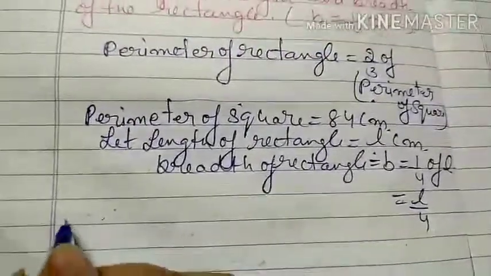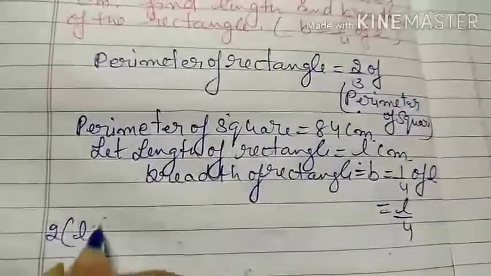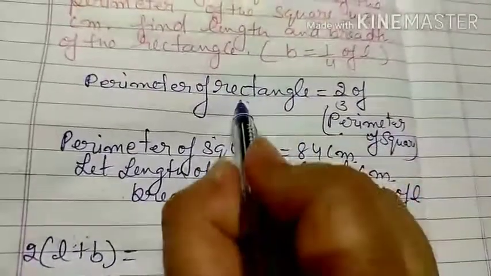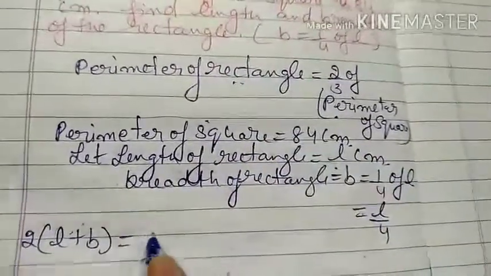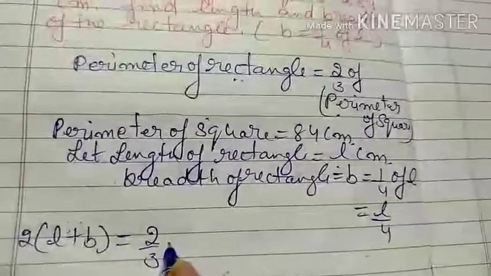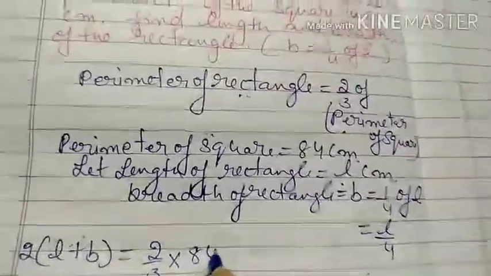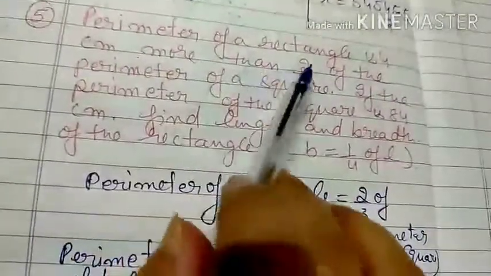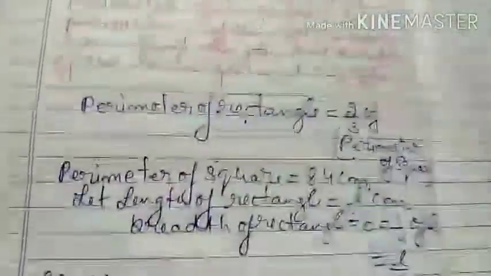Perimeter of rectangle formula is 2 into length plus breadth. Now I come to this point to translate this one. 2 by 3 of perimeter of square is directly given to me, but it is said in your question 4 centimeter more than 2 by 3 of the perimeter of the square.